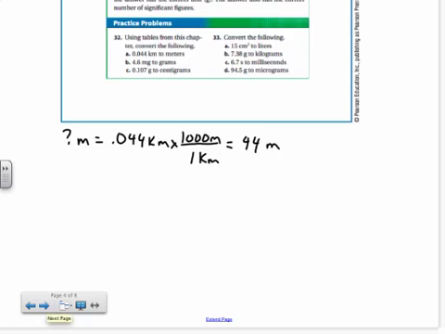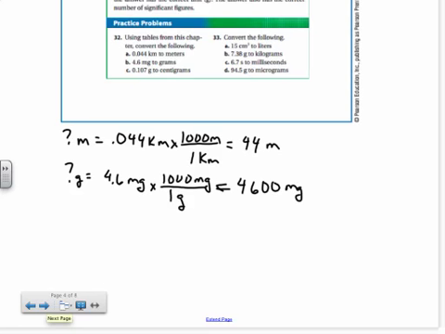For the next one, how many grams equals 4.6 milligrams? 1 gram, 1,000 milligrams. So we're going to multiply by 1,000, 4, 1, 2, 3, 4,600 milligrams.